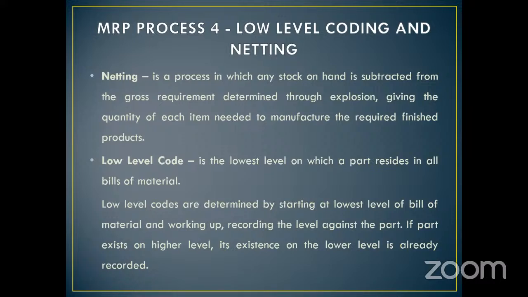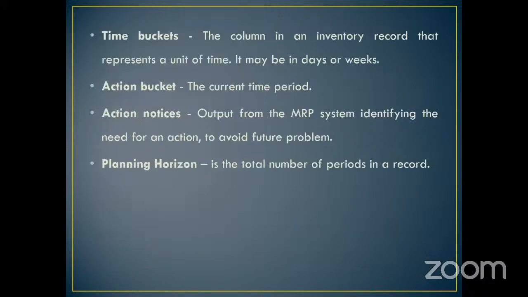The low level codes are determined by starting at the low level of the bill of material and going on, recording the level against the part. If a part exists at a higher level, its existence at the lower level is already recorded. This is the MRP process 4 step.